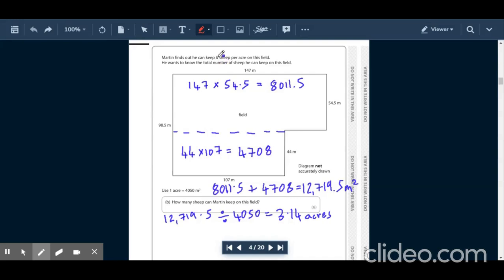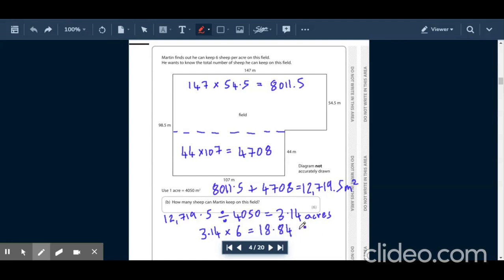Up here it says I can keep 6 sheep per acre on this field. So the last thing to do is say 3.14 multiplied by 6. That's going to give me 18.84.